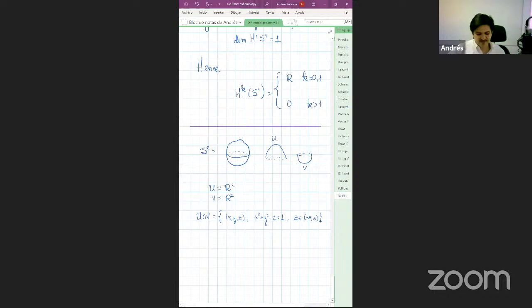Okay. In terms of the geometry, what is U intersection V? So it is a cylinder, right? If you intersect the two hemispheres, you get a cylinder. Okay, up to this point, everything is correct.